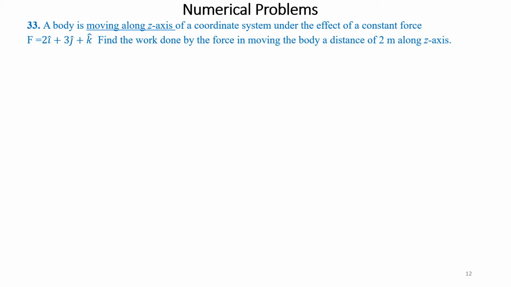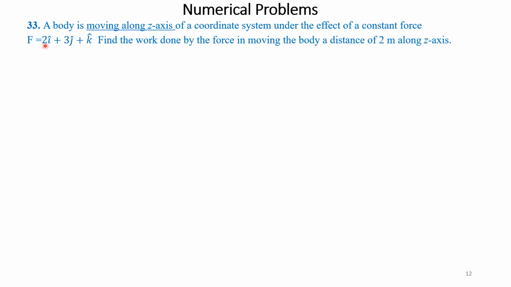Next question. We will continue with answering numerical problems. A body is moving along z axis of a coordinate system under the effect of a constant force, given as F is equal to 2i plus 3j plus k.